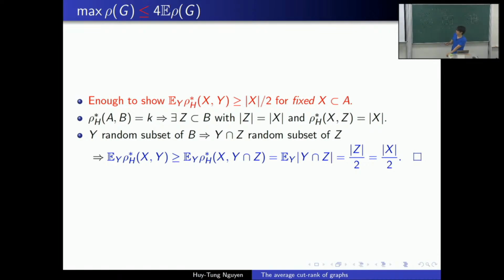And I guess maybe there is another way to prove this inequality and replace this factor 4 by maybe 2 or even 1 point something. But it's just my guess. I'm not so sure about it. Okay, thank you. Okay, so I have 5 more minutes.